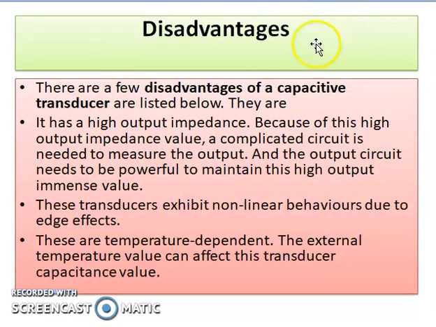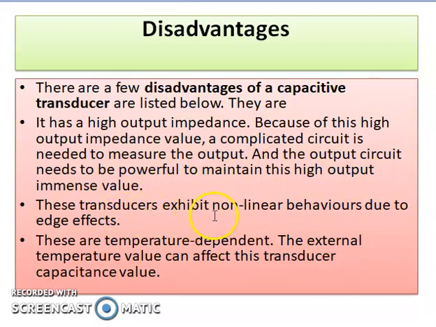And coming to the disadvantages, these are a few disadvantages of capacitive transducers. It has high output impedance. Because of this high output impedance value, a complicated circuit is needed to measure the output, and the output circuit needs to be powerful to maintain the high output impedance value.